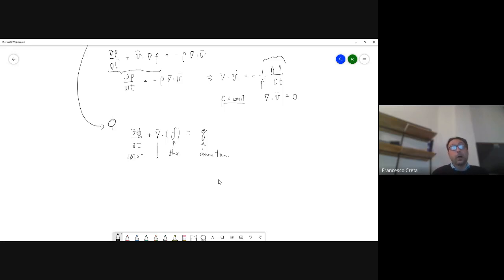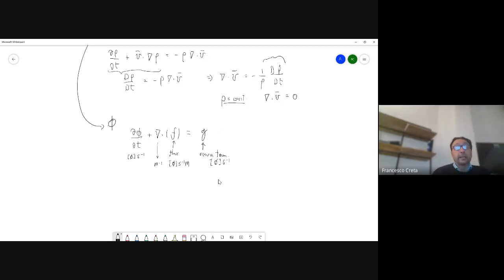So this would be 1 over a meter, so a meter to the -1. Okay, so the flux is essentially whatever units of phi is, seconds to the -1, and then times meter, okay? And again, the source term will be this times seconds to the -1, okay?